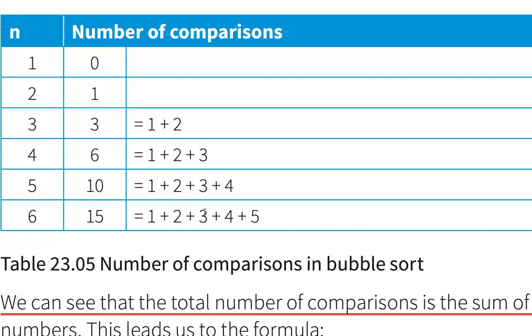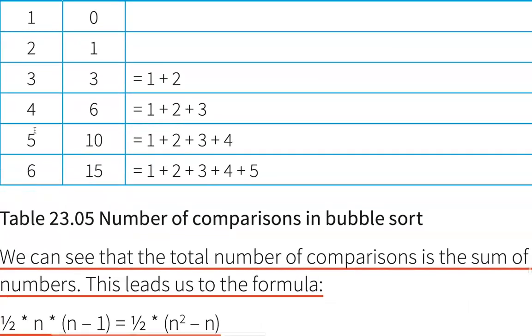So in this case, in my next pass, I only have 2 elements to compare. And for 2 elements, I only need 1 comparison. So in the first pass, I need 2 comparisons. In my second pass, I only need 1 comparison. So for 3 elements, I have to do a total of 1 plus 2 comparisons.